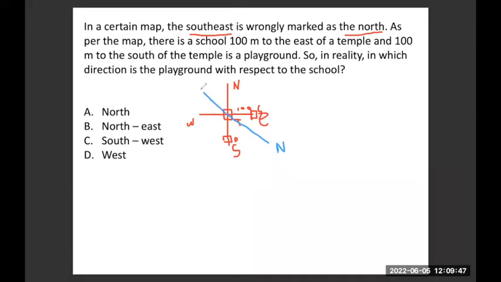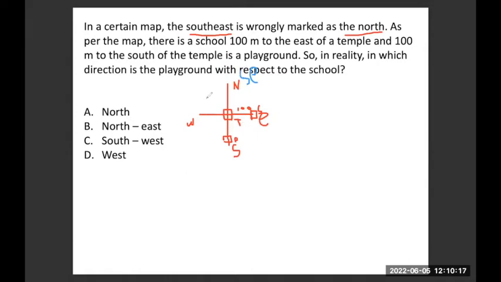Sorry, I think I made an error. In this map, the southwest is wrongly marked as the north. So the north written in the map is actually the southeast direction.